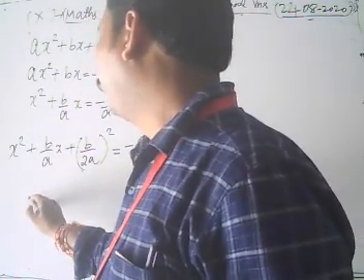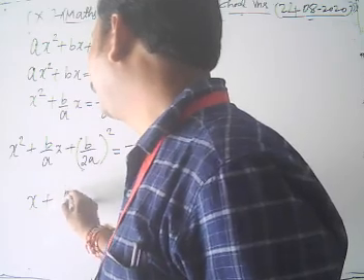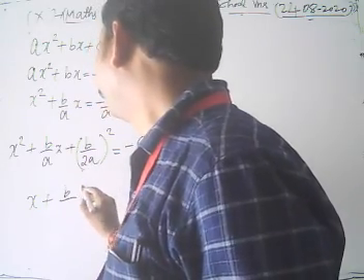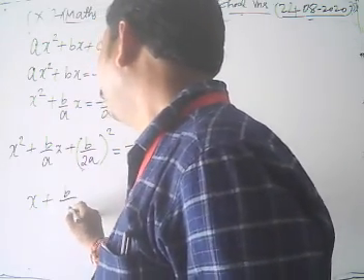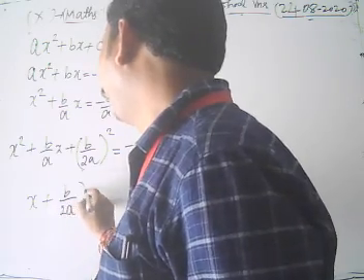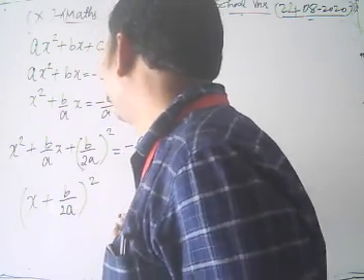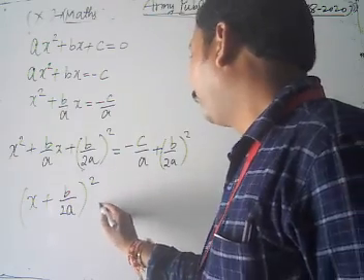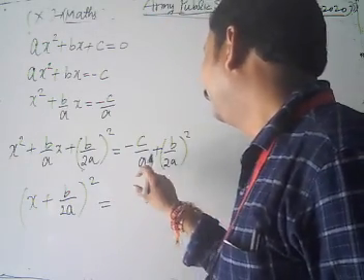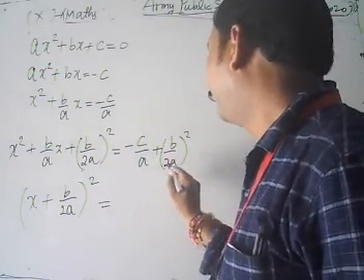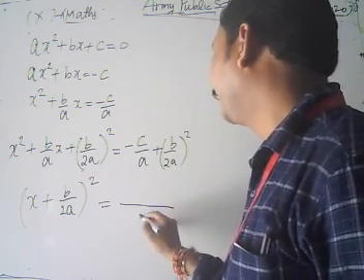And our left hand side is what? It's x plus b upon 2a whole square. Now we are going to solve our right hand side. What is the LCM? We get here 4a square.